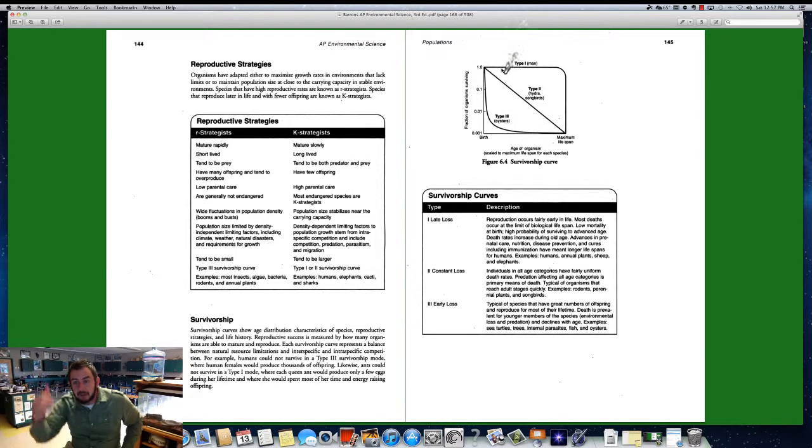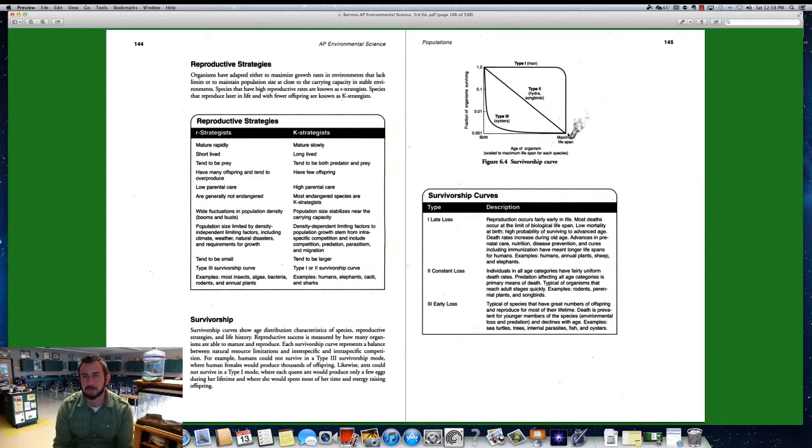High probability of surviving to advanced ages, which we show with this curve all the way getting to here. And death rates increase during older age, where there's that sharp drop in the number of organisms surviving at that maximum lifespan. Advances in prenatal care, nutrition, disease prevention, cures for diseases, and immunizations have meant longer lifespans for humans, and that's why we're a great example of a type 1 survivorship curve.